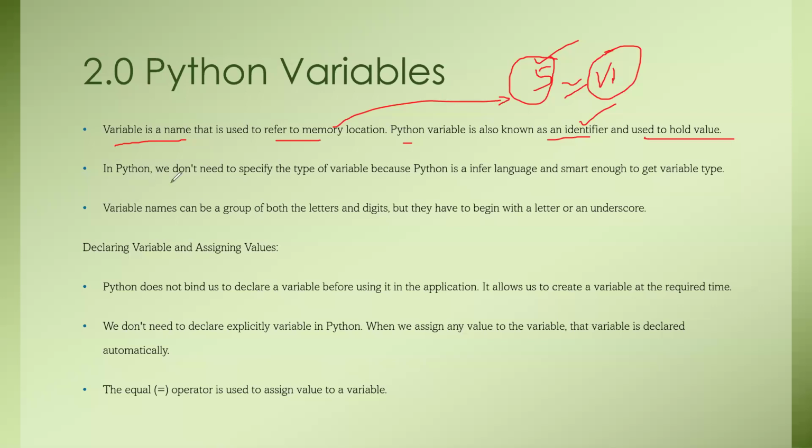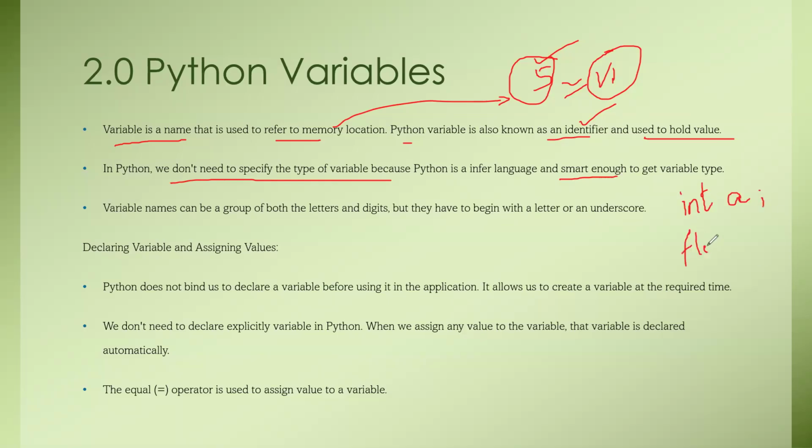In Python, there is no need to specify the data type of a variable, because Python depends upon the input value. It can smartly identify the type of variable. For example, if you have worked in C, C++ or Java, there you use a data type like int a, correct?